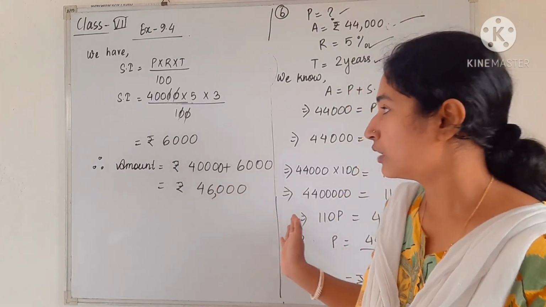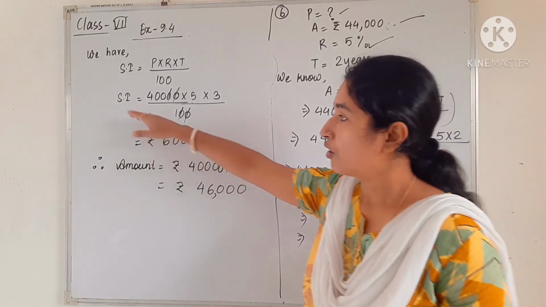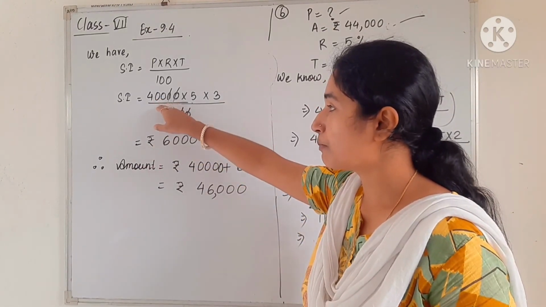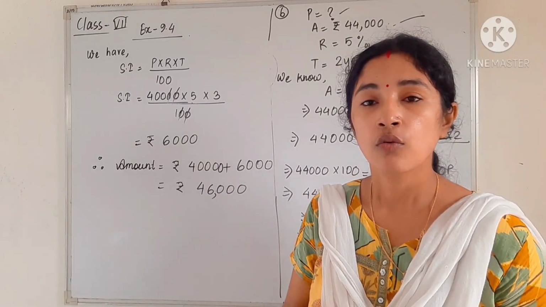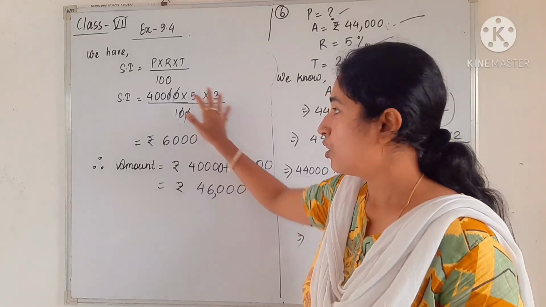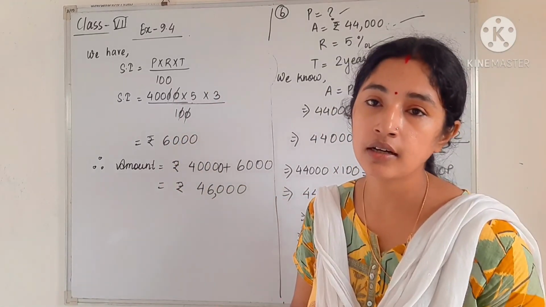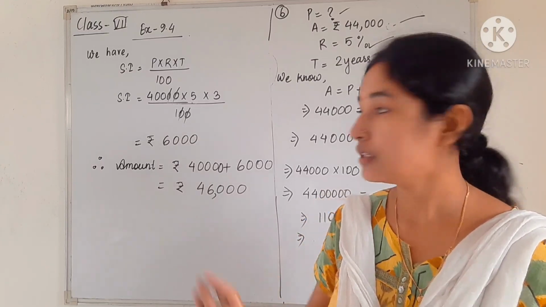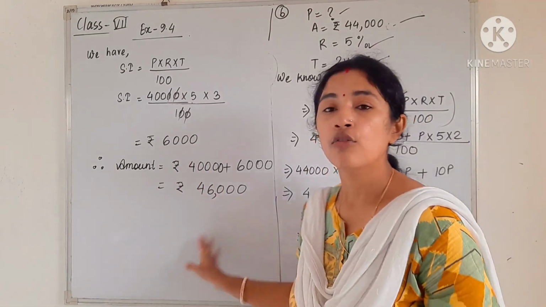For the next part of this question, the simple interest we have to find using the same principal, same rate, but the time duration will be different. That is one more year we have to take, that is 3 years. Already it is written in the question. So after simplification we are getting 6,000. Now we have to add the simple interest, this amount, to the principal. So after adding we will get 46,000.